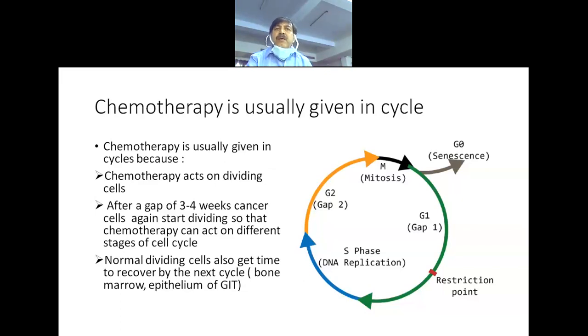So this period of 3 to 4 weeks gives time of recovery for the normal cells. That is, the bone marrow suppression after chemotherapy comes back to normal, and the GIT cells regrow. So this is the idea of giving the chemotherapy in cycles.